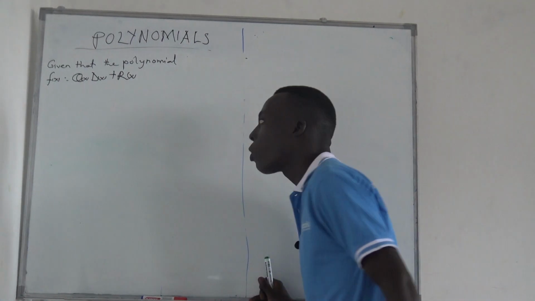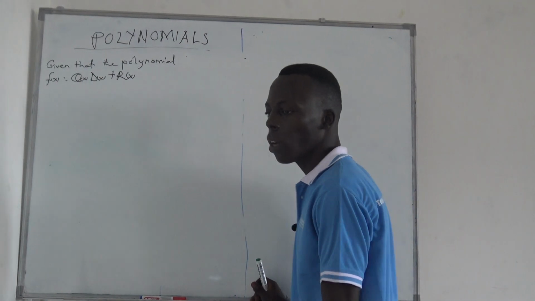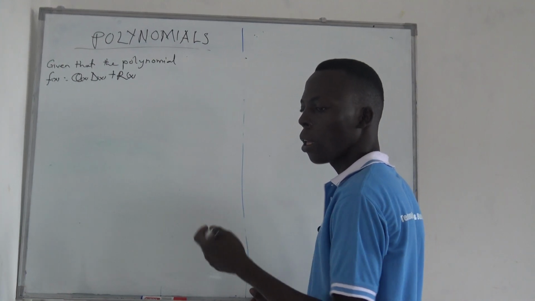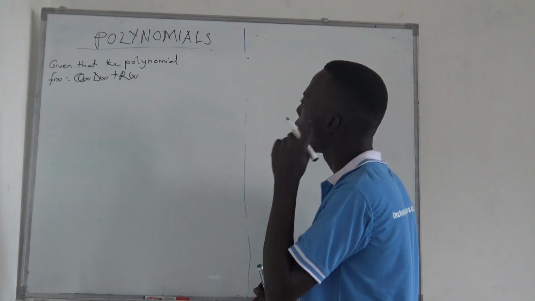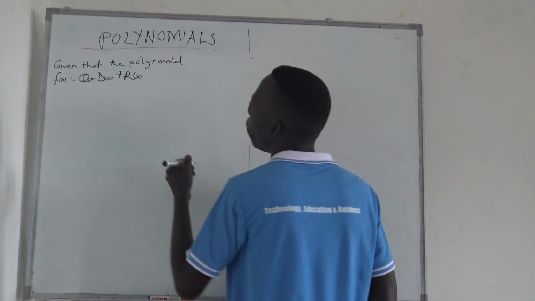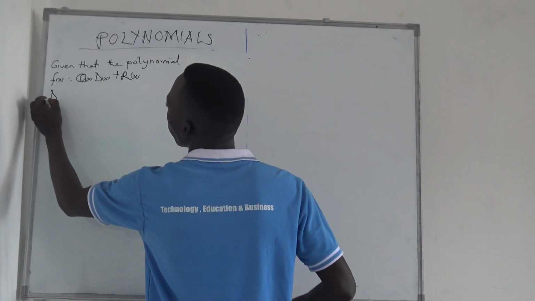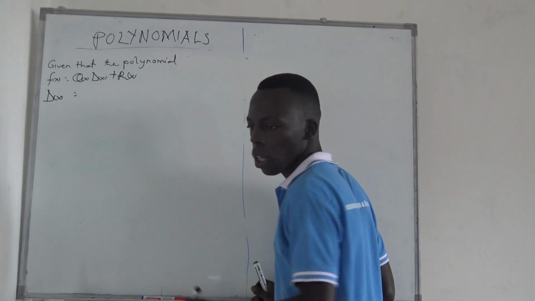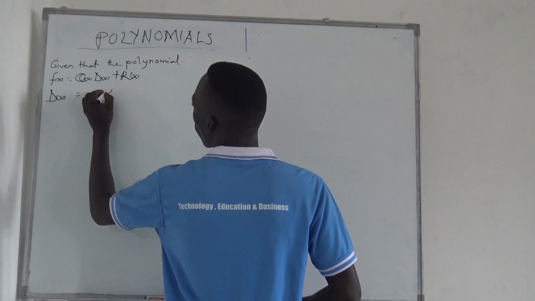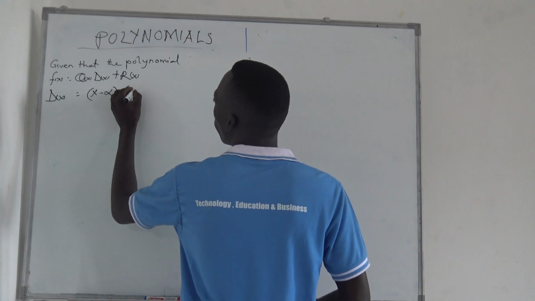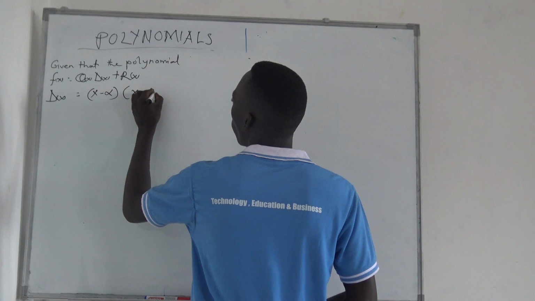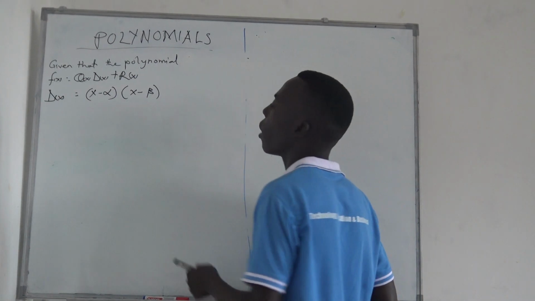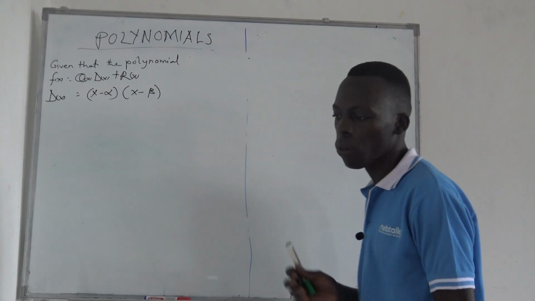Where q is the quotient, d is the divider, and also they are giving us that the divider, that is d of x, is the same as x minus alpha times x minus beta. And r of x is the remainder, that one we know.